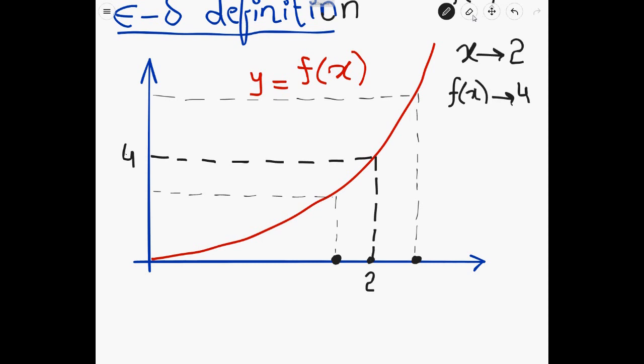Now, because we are speaking generally, we will not speak of the numbers 2 and 4. We will take some other general points. Let us say that instead of 2 we are writing a.